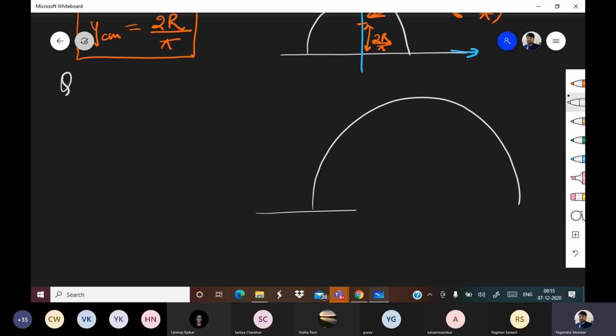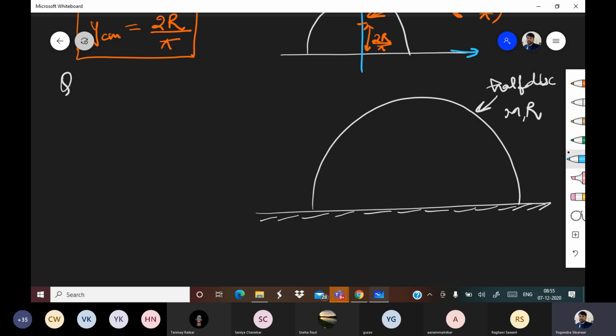These derivations are important, I am telling you. So this time you have a half disc. Last time what did you have? Half ring. This is a half disc. Mass of the disc is m and radius of the half disc is r. This is your x-axis.